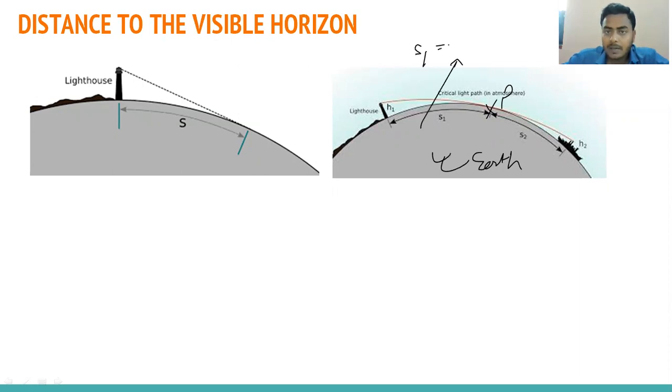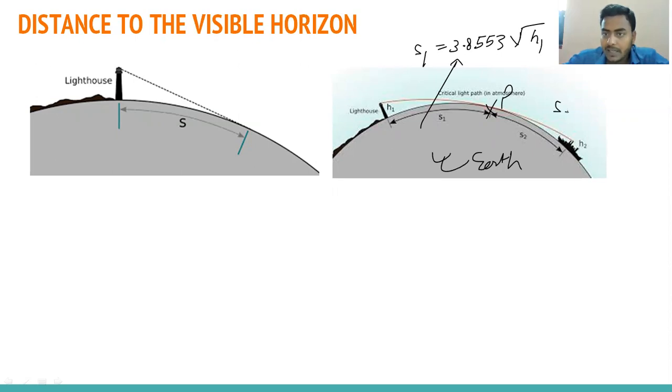H1 will be 3.853 root under H1, right? From point P, for the lighthouse, H1 is the combined correction, and from point P, the height of the ship, what will it be? This combined correction.